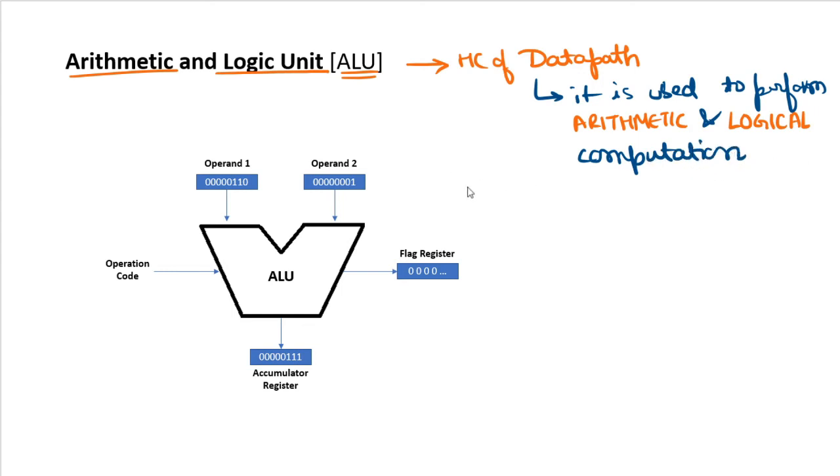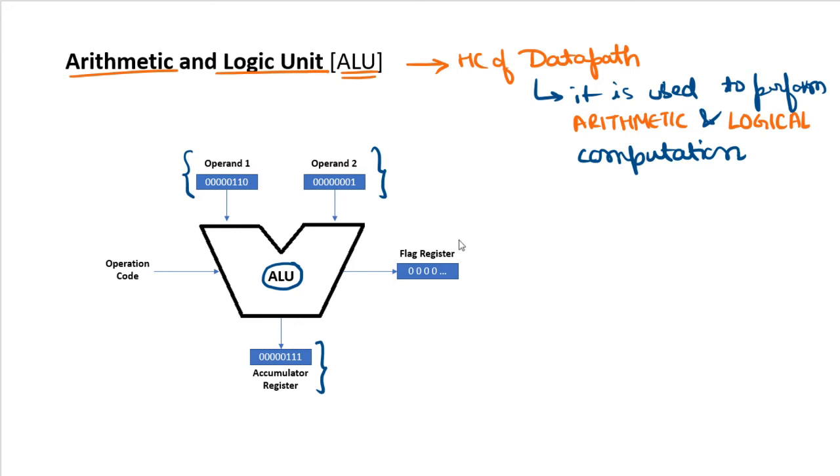We already saw a little bit about the arithmetic and logic unit. We represent the ALU using this diagram. The arithmetic and logic unit takes two operands, OP1 and OP2. It saves its result in the accumulator register.